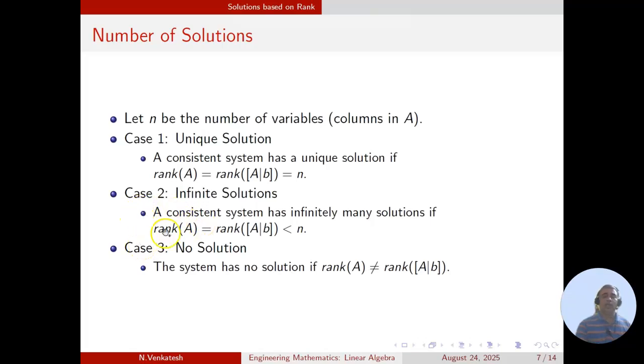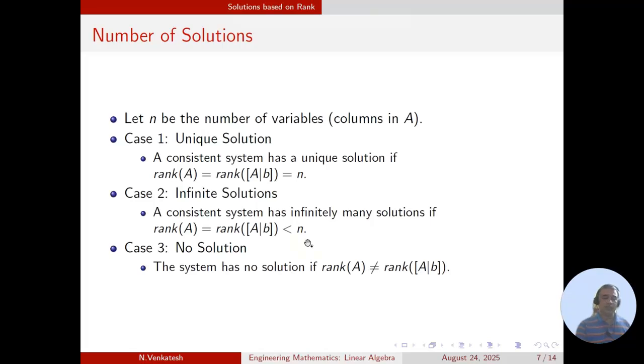Similarly, when the rank of A is equal to the rank of the augmented matrix and it is less than n, that means there are some linearly dependent rows, or two equations which are dependent on one another. So in that case, we get infinitely many solutions. When the rank of A is not equal to the rank of the augmented matrix, then there is no solution.